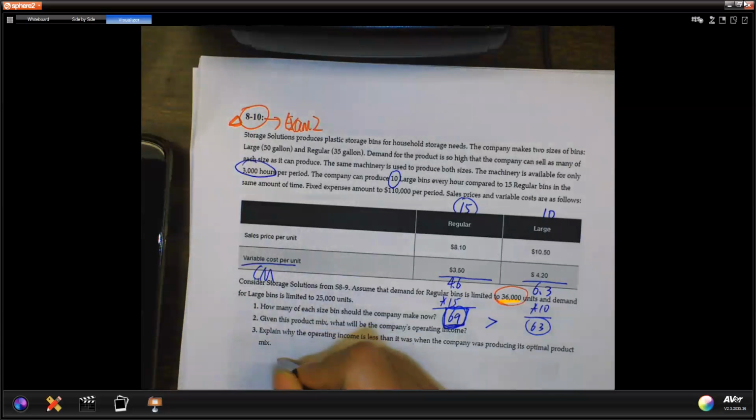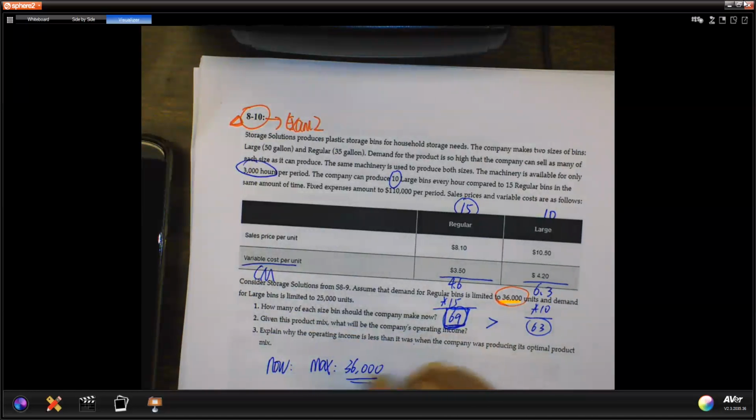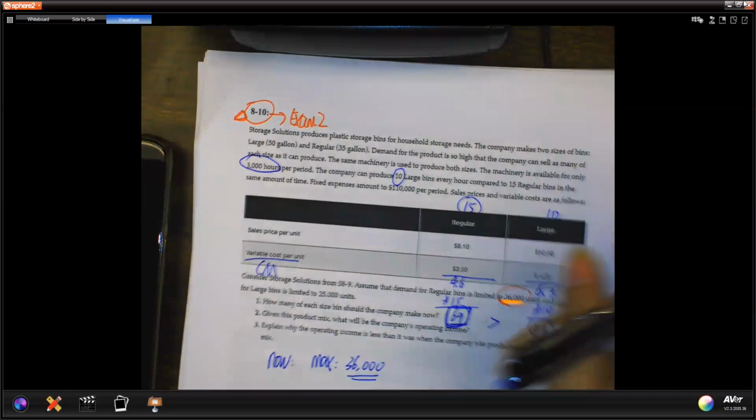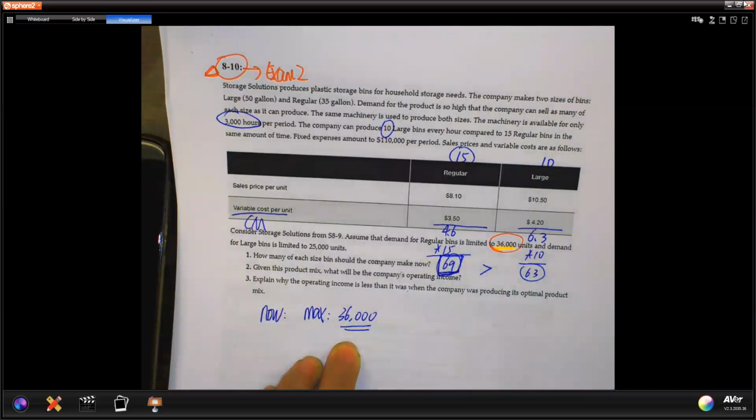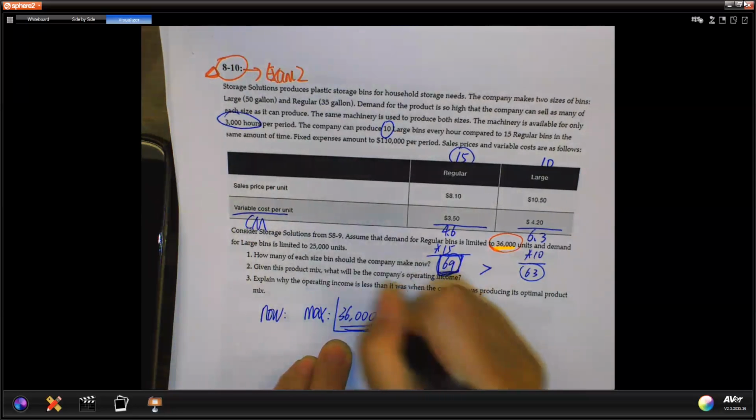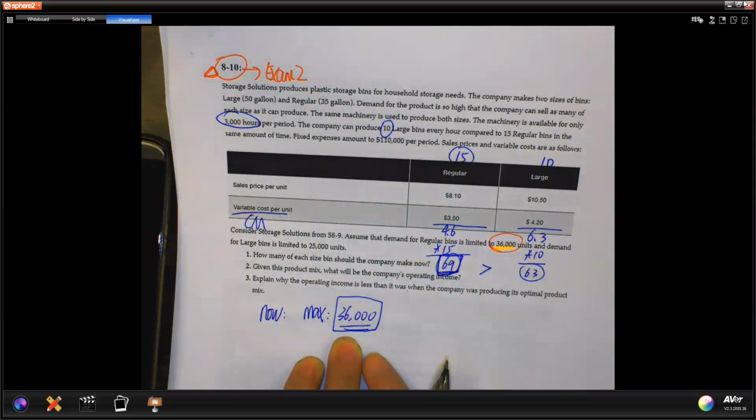But now, you can only make a maximum number of the regular, which is 36,000. Our strategy is then we should make as many of the regular as we can, 36,000. And then the rest will go to our large because the large gives us a lower total contribution margin, right?